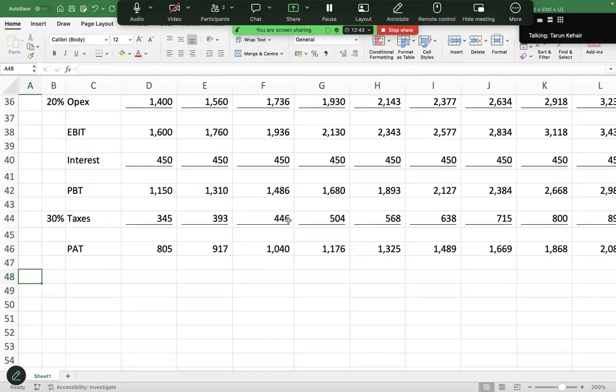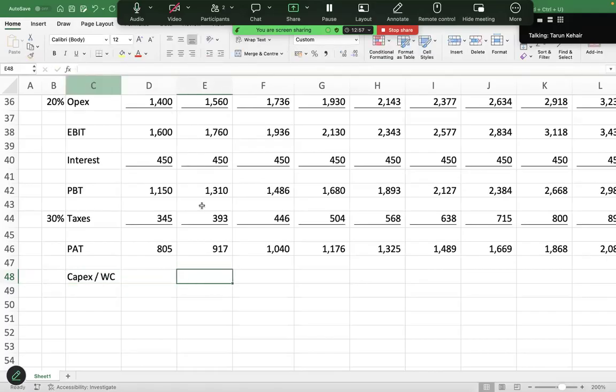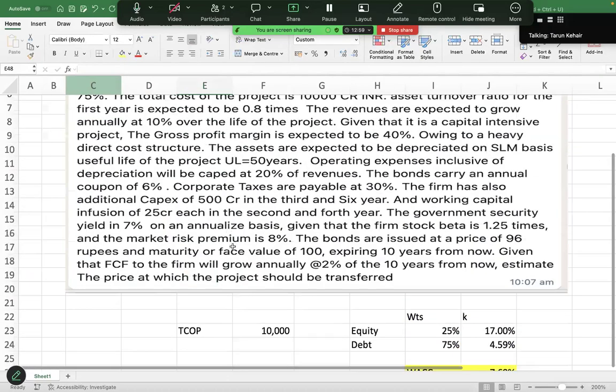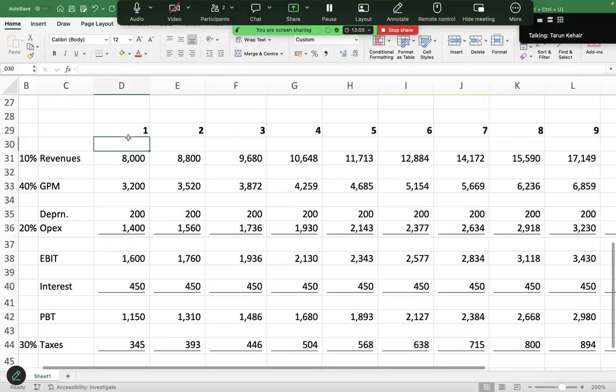Now we will do free cash flow. Have you reached here? Same numbers. So now we should include our capex and working capital investments also. How much is the capex? 500 CR in the third and the sixth year.